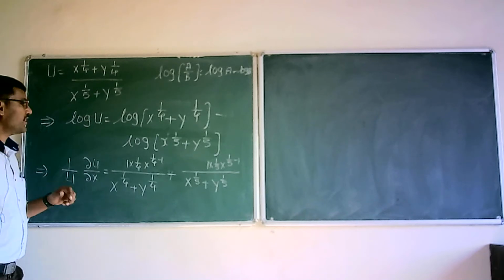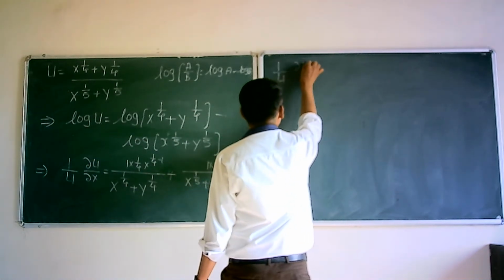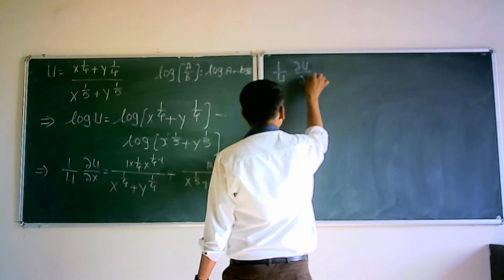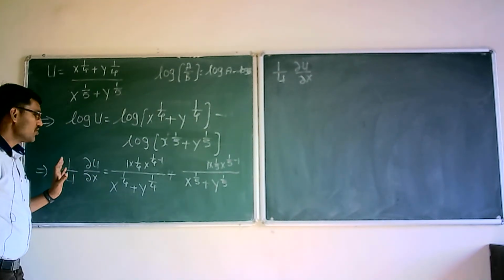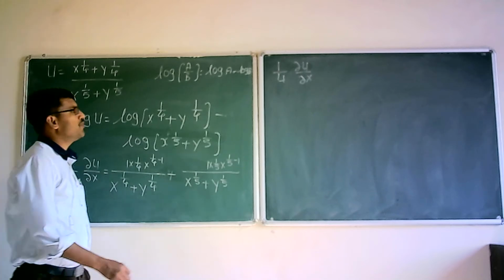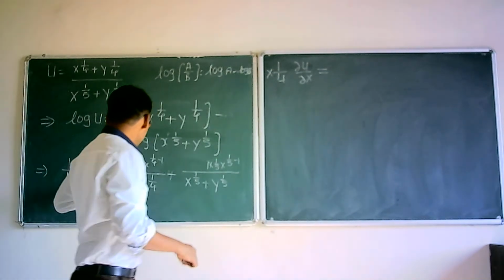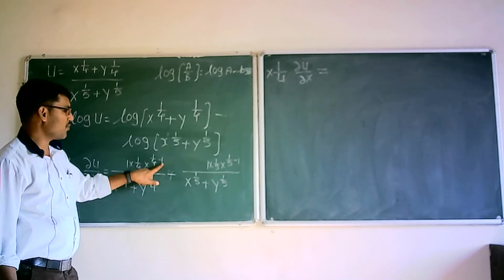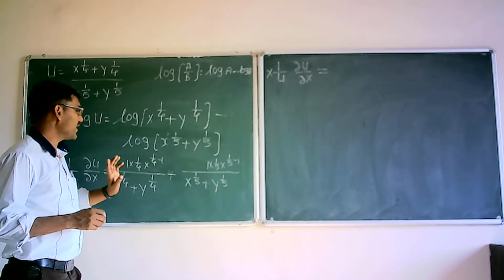So if you simplify this, it is equal to 1 upon u del u by del x, multiplied by x. Since we want to determine x del u by del x, multiply this term by x. So if you multiply it, what happens here? It is x raised to 1 by 4 minus 1, and again x raised to 1. So minus 1 plus 1 get cancelled here.